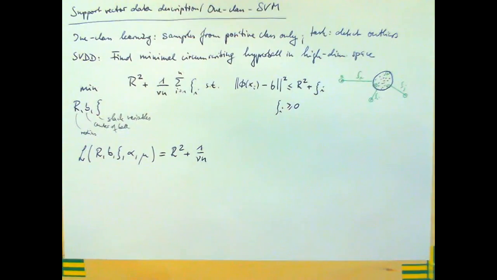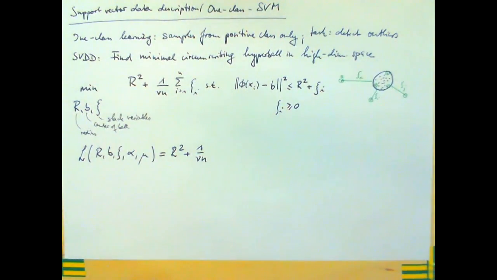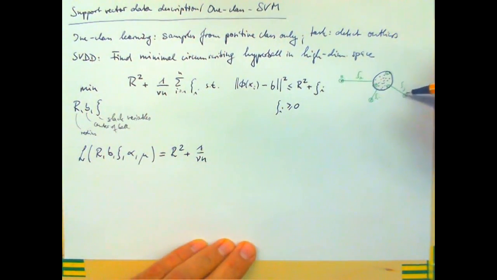So let me draw a non-robust version for the very same data set, or try at least. I guess it would look like that.